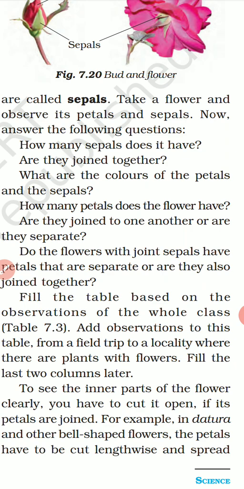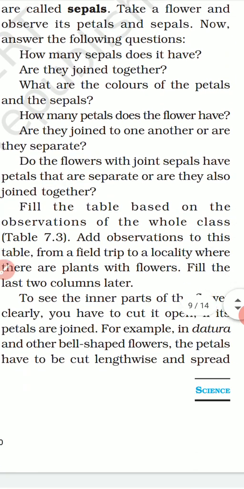There you will see the sepals are joined together, and then you will have to see whether the petals are also joined together or not. So go and collect as many flowers as you can, with the sepals of course, and then start studying and observing them. Then you will get the answers to all this.